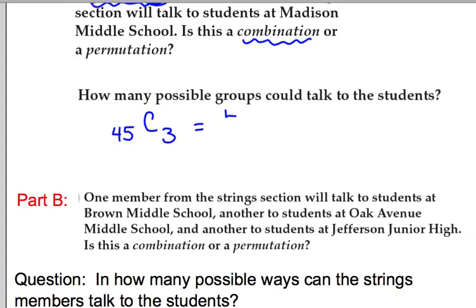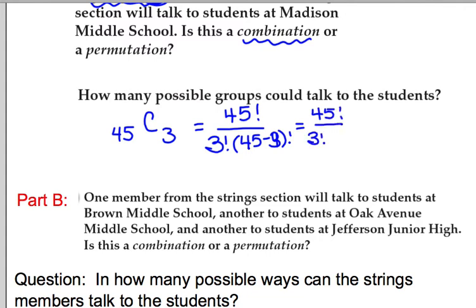So remember, the numerator is the total, 45 factorial. The denominator is the 3 factorial, how many you're choosing, and then 45 minus 3 factorial. Now let's simplify it. So we have 45 factorial over 3 factorial times 42 factorial. So 45, I'm going to go down 44, 43, 42 factorial.